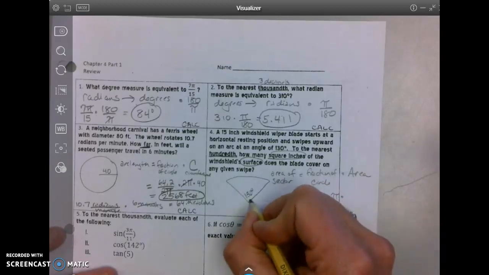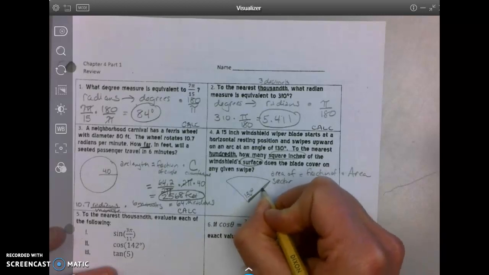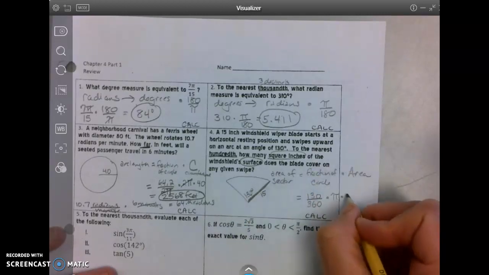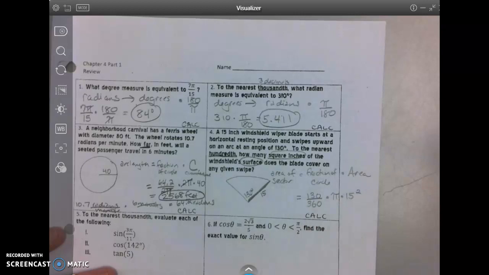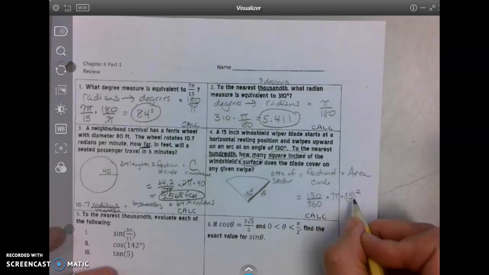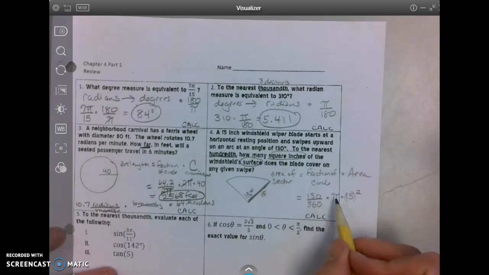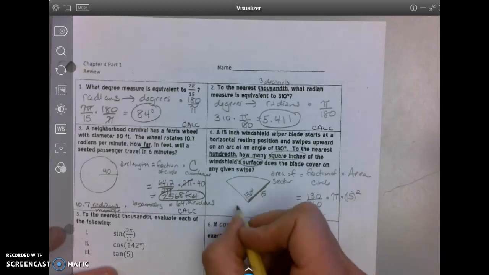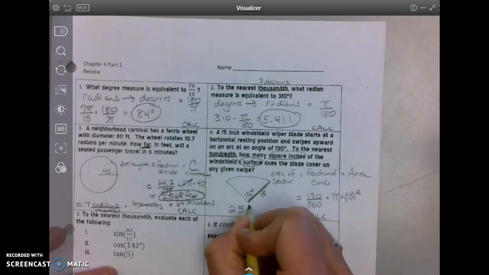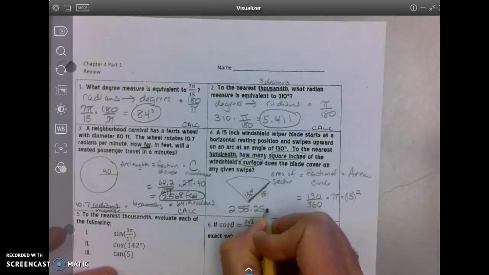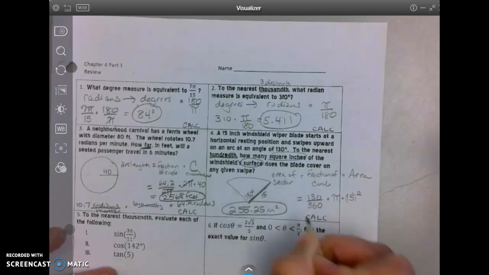And since the length of the windshield wiper, which is right here, is 15, that would be times 15 squared. So I'm going to put all of this into my calculator. 130 times pi times 15 squared. Divide by 360, and I get 255.25 inches squared.